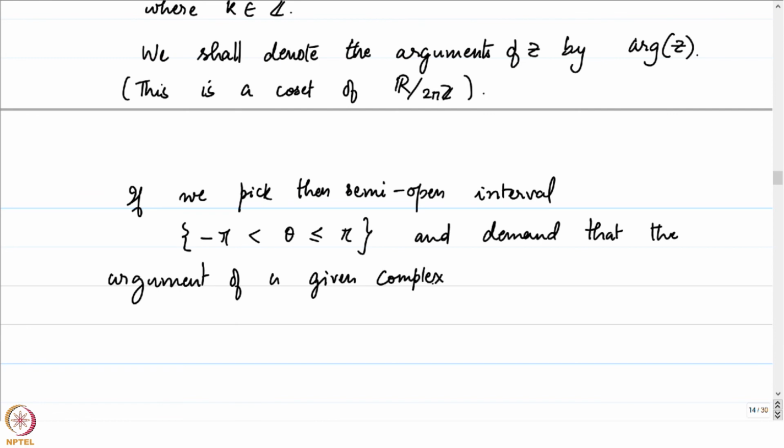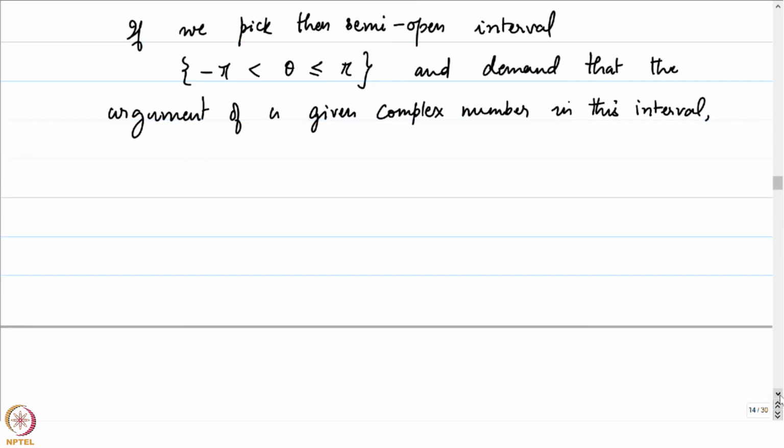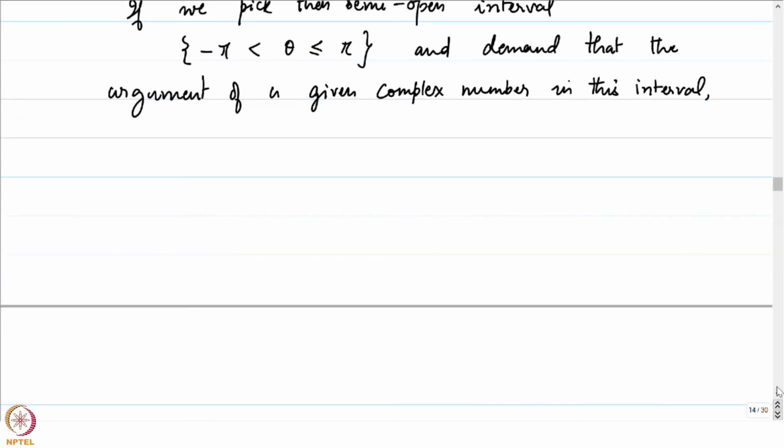Notice that we will always be able to find one argument in this interval. Such an argument is called the standard argument of z.